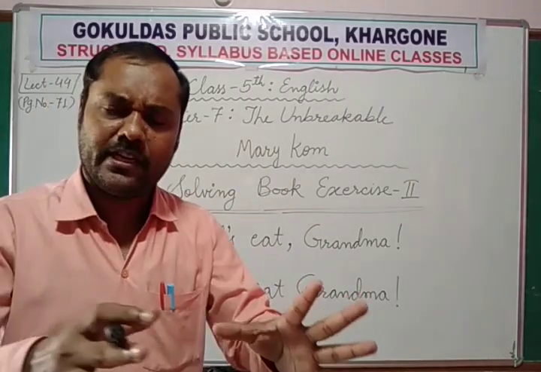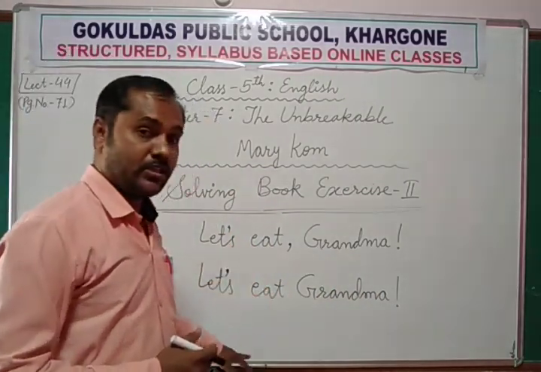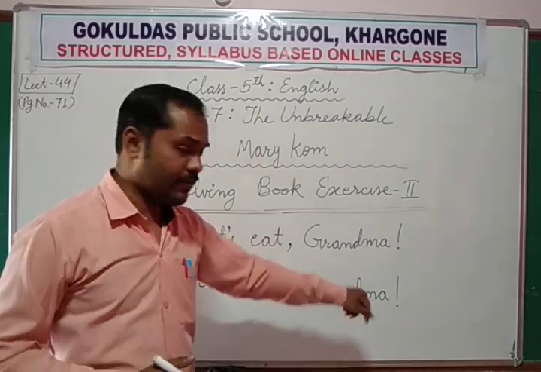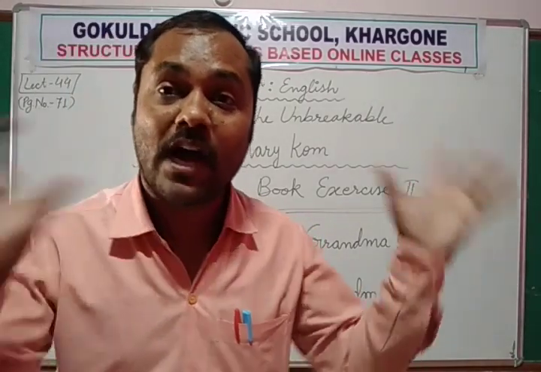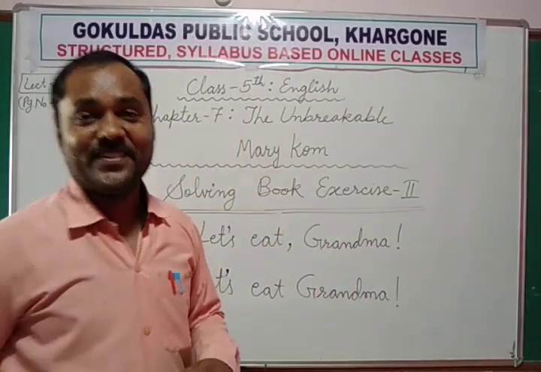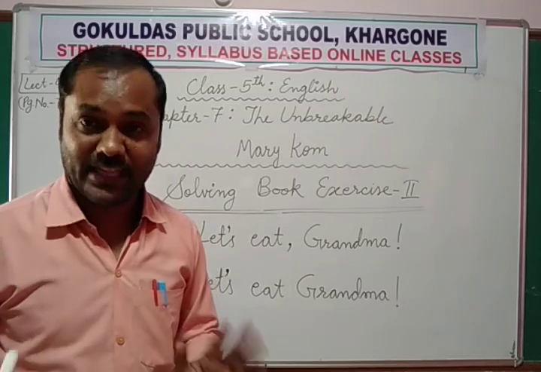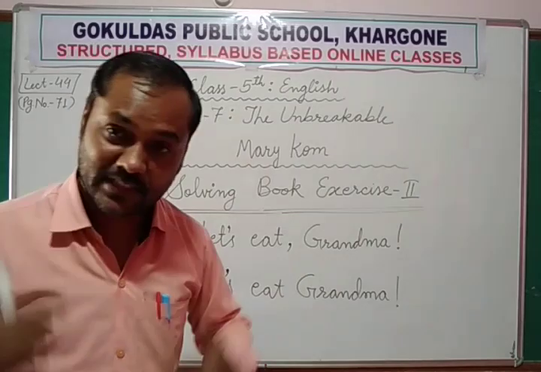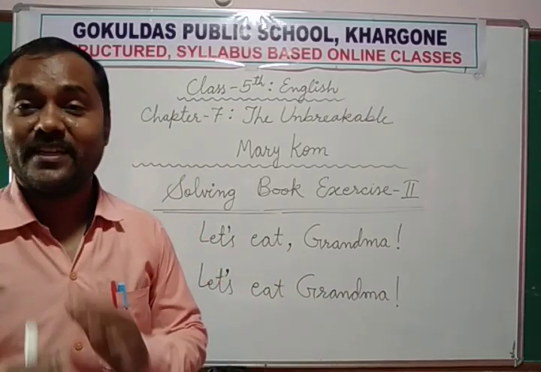If I speak these three words continuously or fluently, the meaning is totally different. चलो दादी माँ को खा जाएं. That is rubbish. That makes no sense. चलो दादी माँ को ही खा जाते हैं. Let's eat grandma. No, the meaning is different.